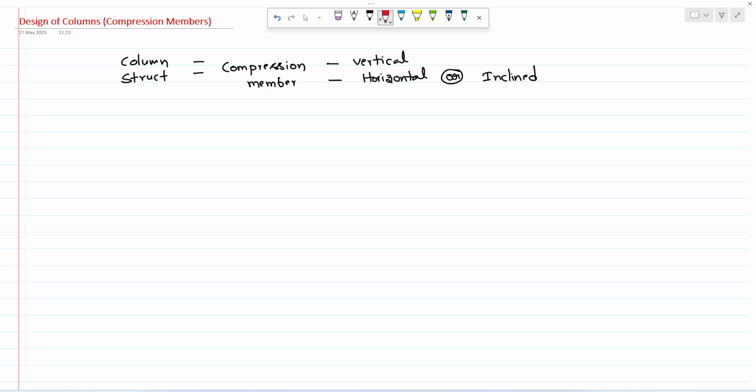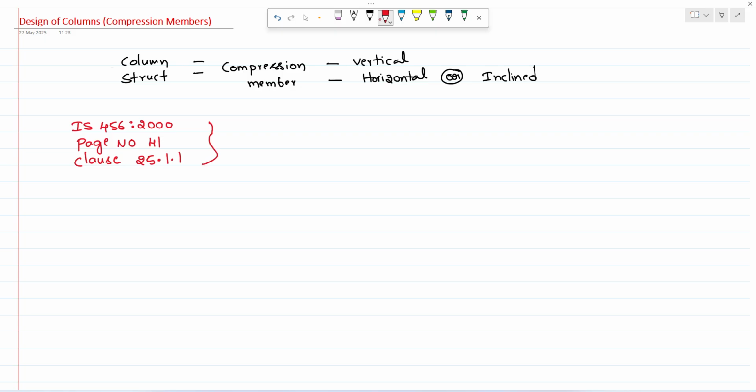So as per IS 456-2000, page number 41, clause 25.1.1, the code defines a column as a compression member having effective length greater than 3 times its least lateral dimension.